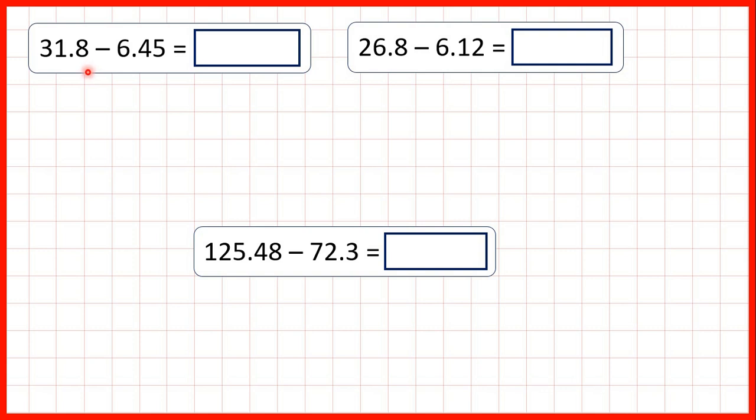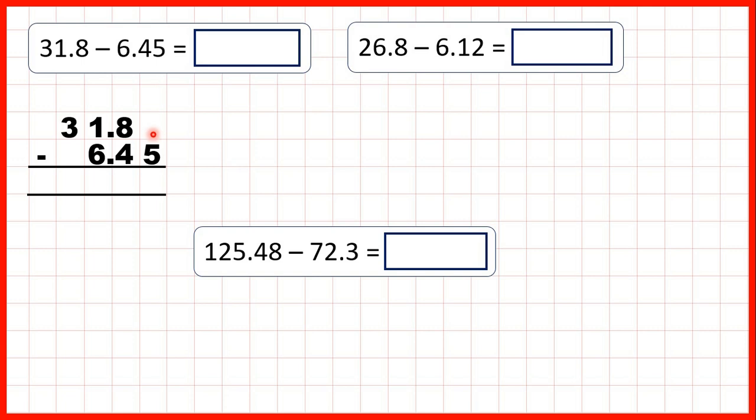We can subtract using column subtraction, but we need to make sure that we write out the numbers with the decimal points lined up. That way, our other place value columns, so our tens, ones, tenths, and hundredths, will be lined up as well.